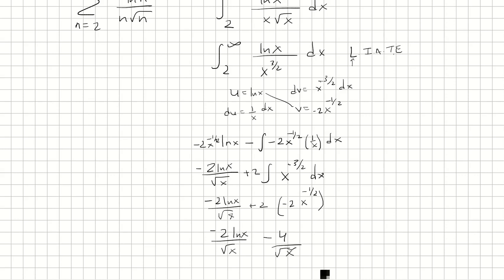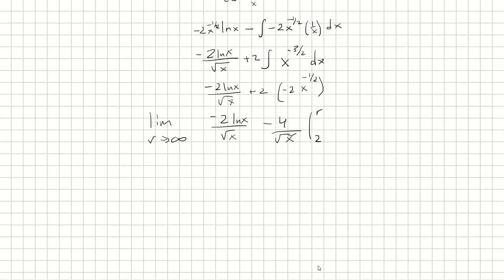Now we want to evaluate this from 2 to infinity, but instead of going to infinity, we'll call it r going to infinity. So we'll plug in r, and then subtract, plug in 2.